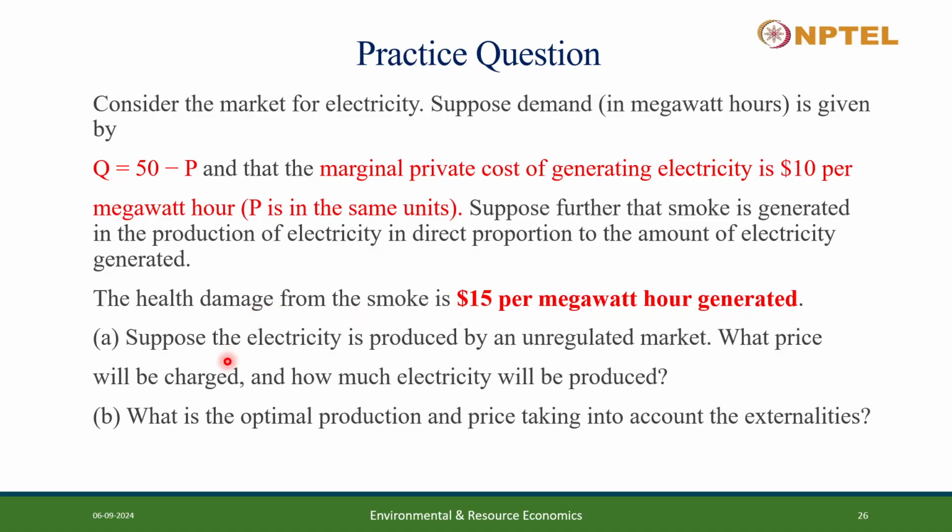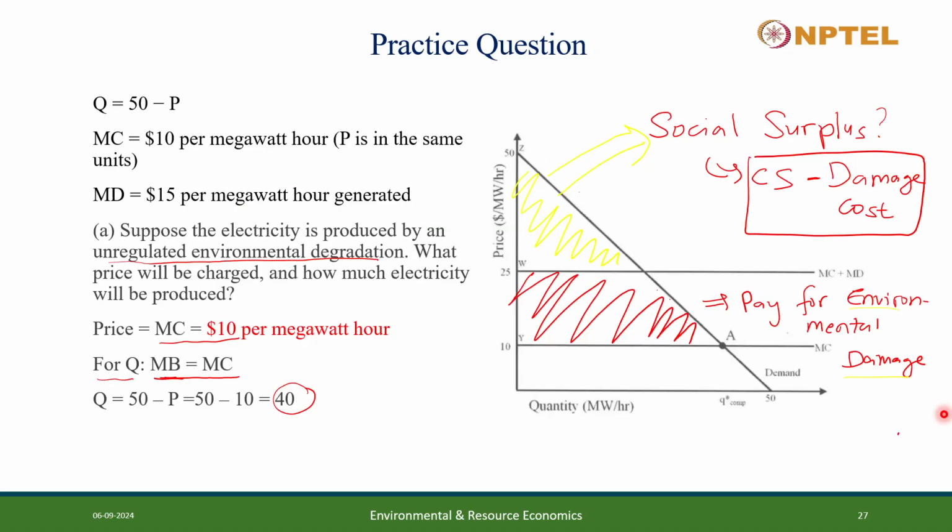If there is no regulation on the pollution, what will be the price and how much electricity will be produced, and what will happen when there is regulation? So that we try to draw.